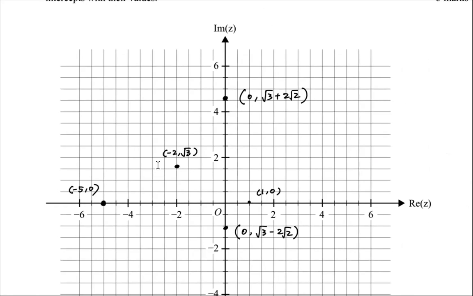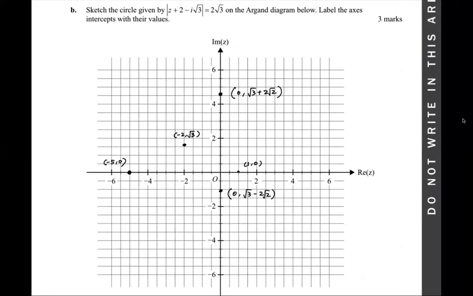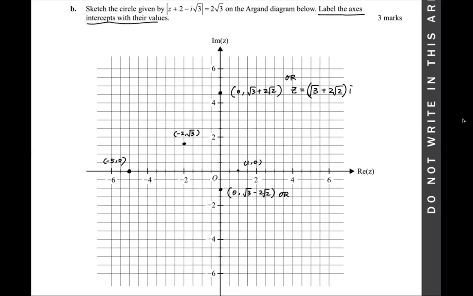You should label them as exact values, okay? The question didn't say round them to certain decimal places. Label the axis-intercept with their values, or you can write it as z equals root 3 plus 2 root 2 i, either form, okay?